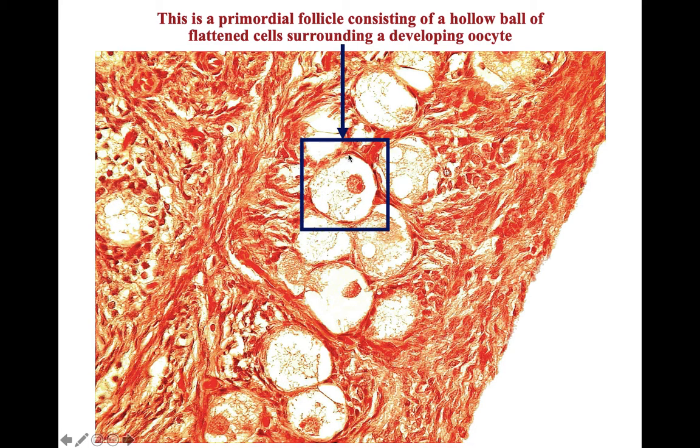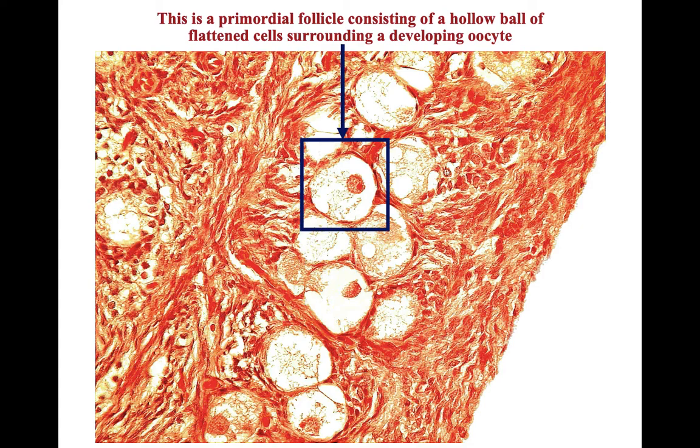Now, the follicles which are in the early stages of development are called primordial, or sometimes also known as primary follicles. These are the follicles you're born with, right? This is before they start developing, so they're really very small.